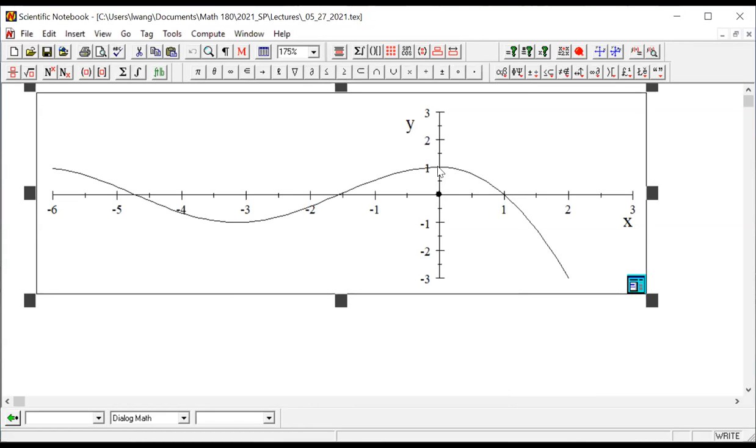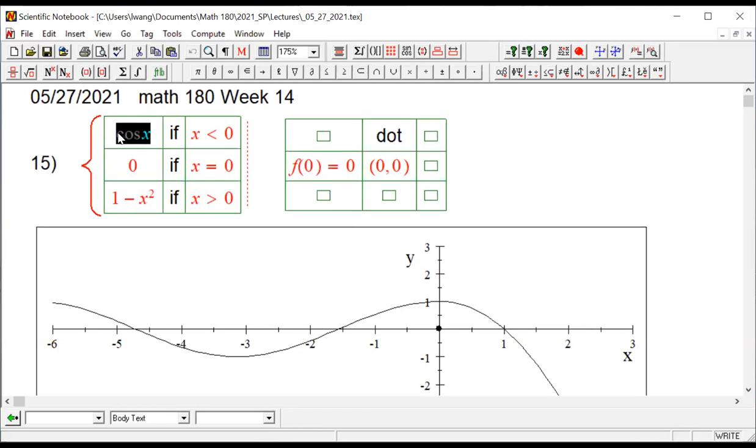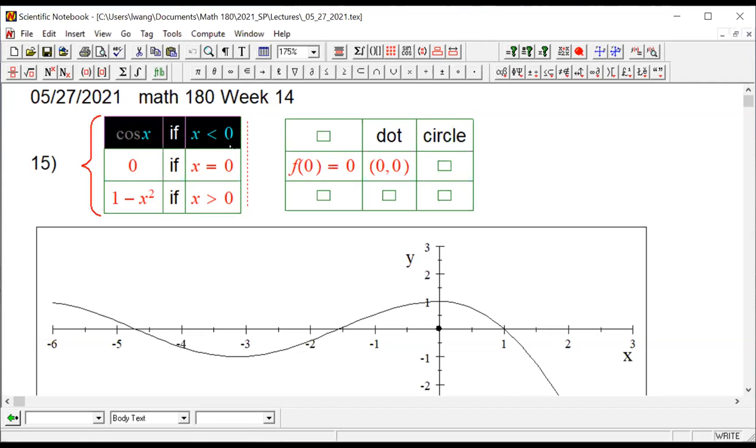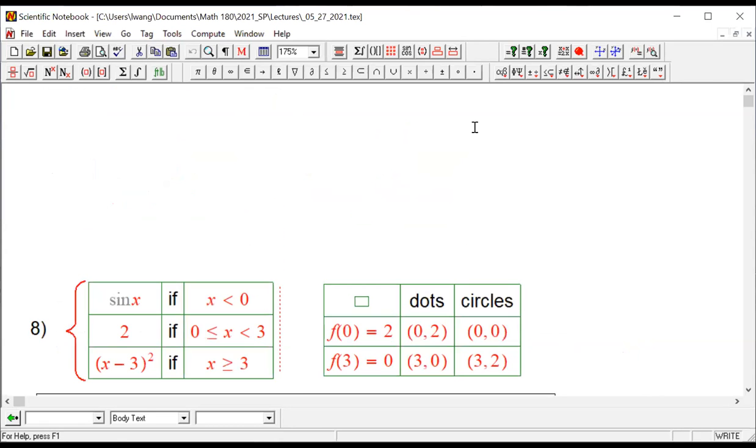Then you say, how about this point? Because you can see cosine x at 0 is 1. This doesn't make a function, right? So there needs to be a circle. The circle is going to be (0, 1) on the curve.